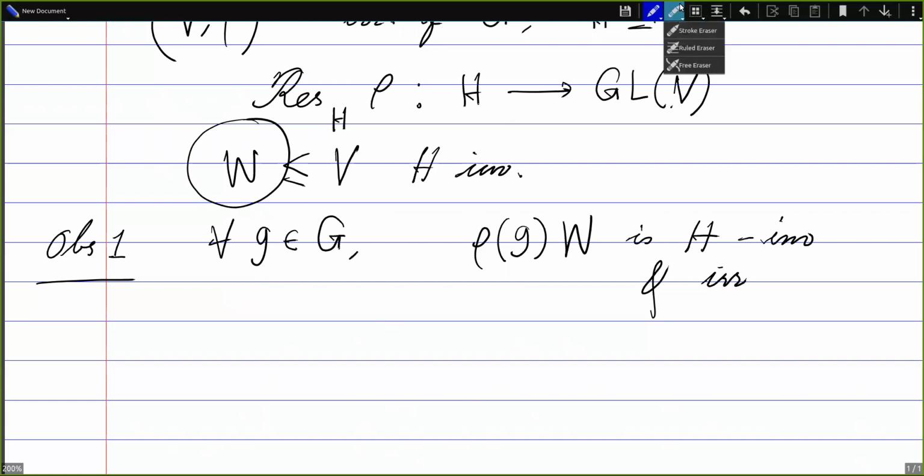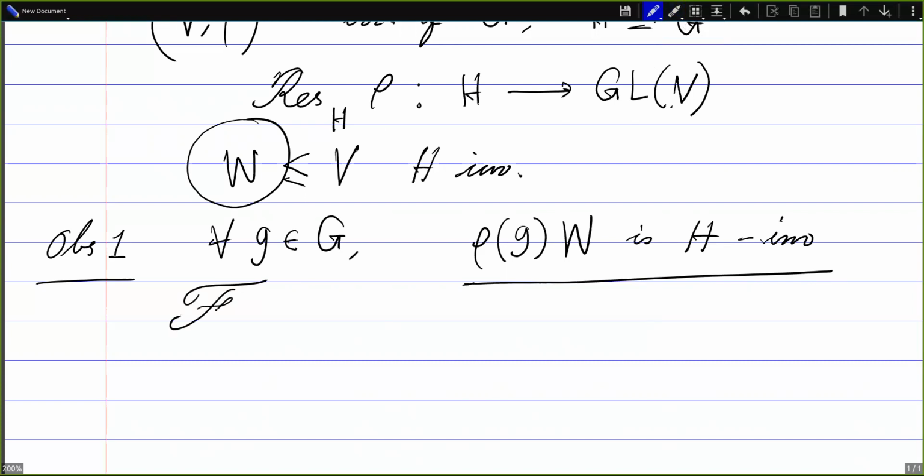Let's come to the irreducibility part later. So first we will prove that rho(g)W is H invariant.